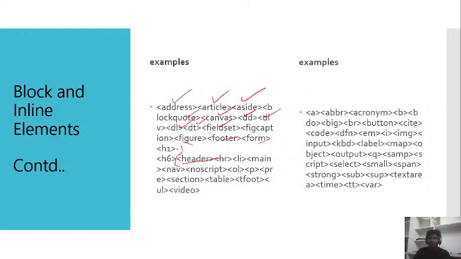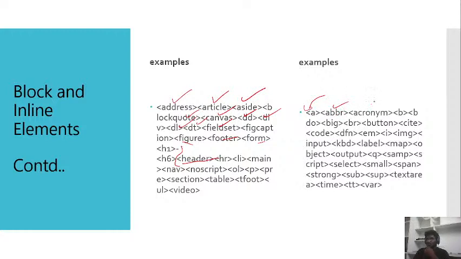While coming to inline elements, the anchor tag is used inline, right? Within a paragraph you insert a link, so that's why it's an inline element. Abbreviation also is an inline element.